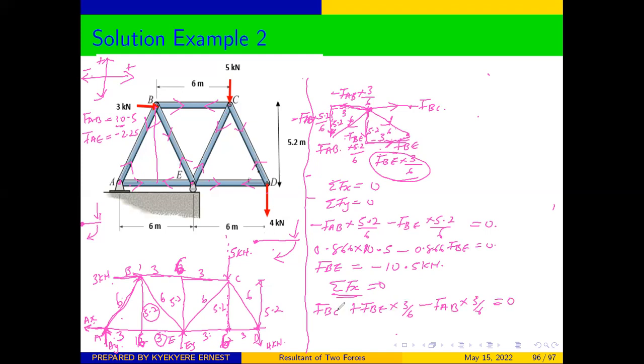Up to this point, we know the value of FBE and we also know the value of FAB. We just substitute them into the formula, and FBC will be equal to negative 0.5 times negative 10.5 plus 0.5 times positive 10.5 minus 3.